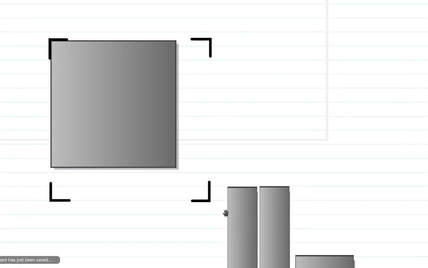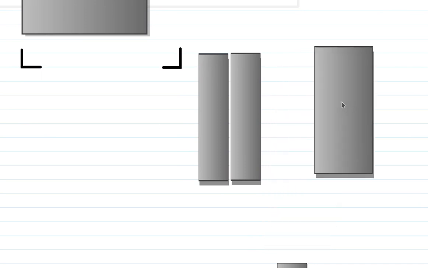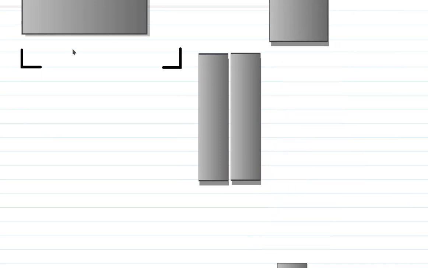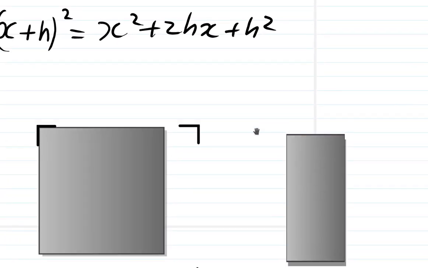Now, we have this rectangle. With this rectangle here, the width is our 2h. It is 2h wide.